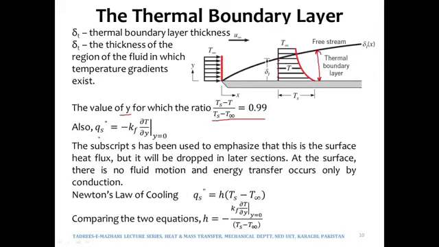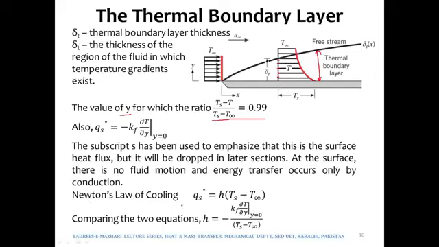So the heat flux qs can be written as minus Kf, where Kf means K of fluid, times ∂T/∂y at y equal to 0. Then the same heat will be transferred to the second layer, from the second layer to the third layer, and so on, and in this manner heat will be transferred from the surface to the whole fluid.